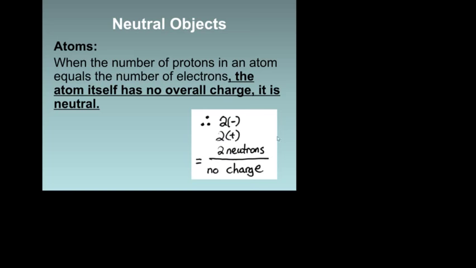So when you have the same number of positive protons and the same number of negative electrons, you end up with no charge. Now you can have as many neutrons as you want in here because the neutrons are neutral and they don't change the charge of the atom. As long as your electrons and your protons are equal, you will have no charge. You will have a neutral object.